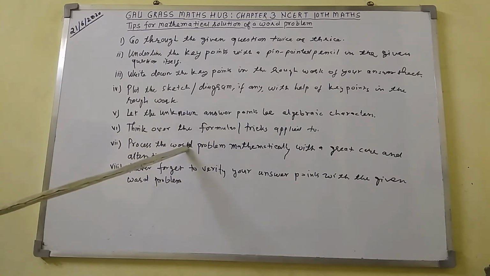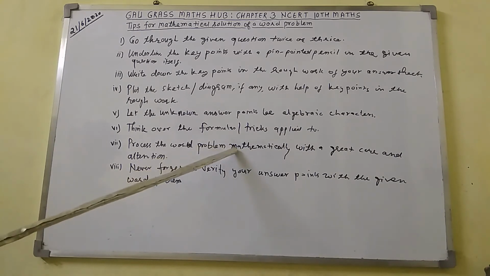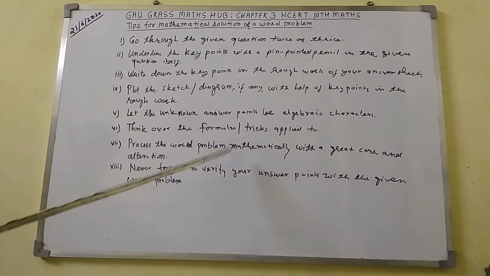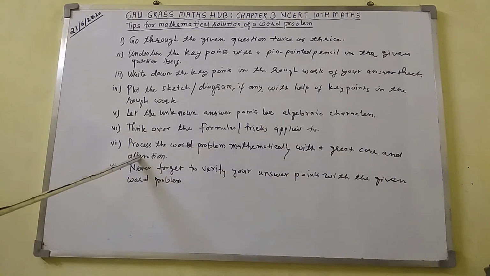Now you have to process the word problem mathematically. This means that the sentences given in English, the whole thing will be converted into mathematical form, and that exercise should be taken with great care and attention, because word problems will be more and more lengthy.